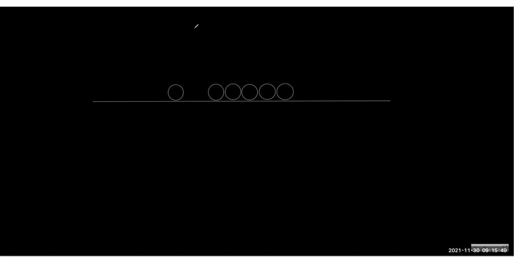Let's say this is the mass which is moving with velocity v0. All are identical, not only in mass but also in shape. And now all collisions are perfectly elastic. Let's put some numbers: one, two, three, four, five, six.